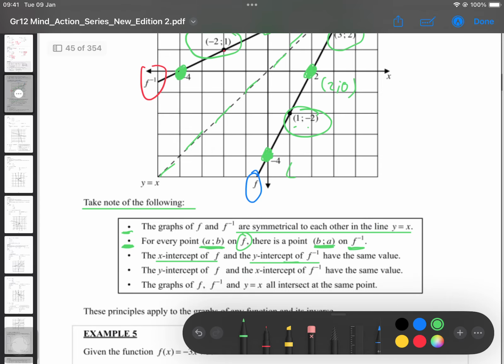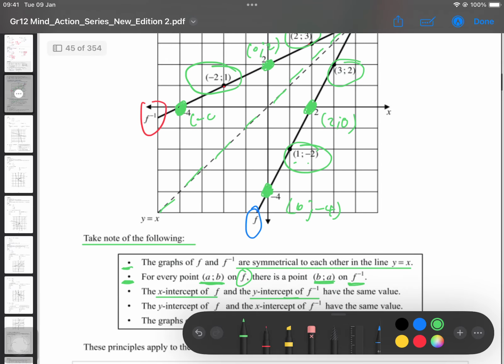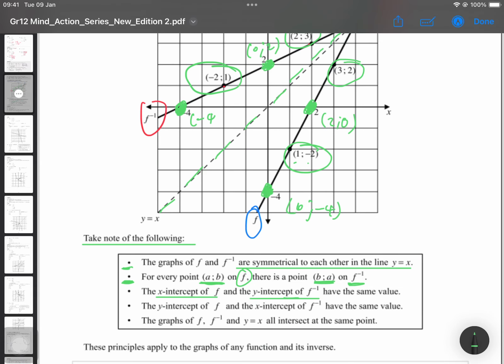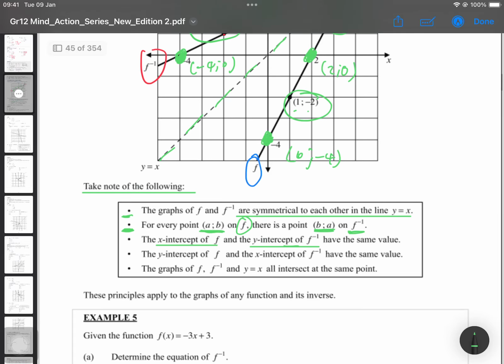Here it's 0 is to negative 4, it swaps and becomes negative 4 is to 0. Again, the y-intercepts of the original become the x-intercepts of the inverse.